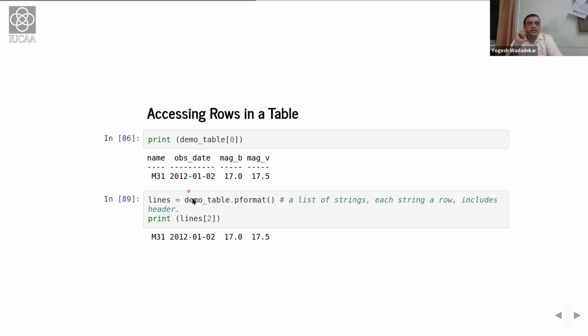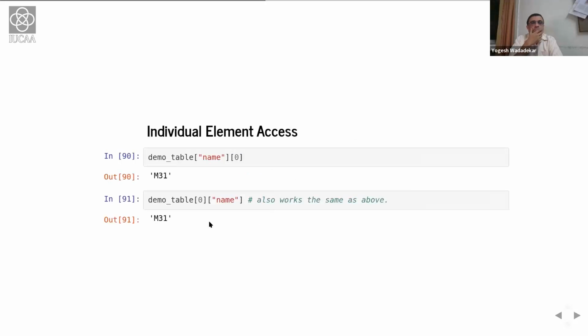There is another function called pformat, which basically returns everything as a list of strings. Each string is a row, and unfortunately it includes the header. So in order to get the first line of data here, you have to do print lines 2, because the first line is the header column names, and the second line is the line of dashes, and so on.